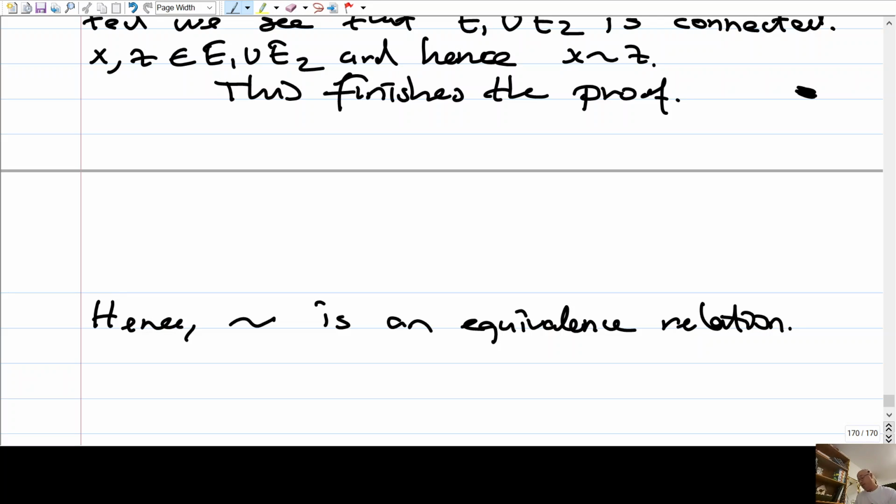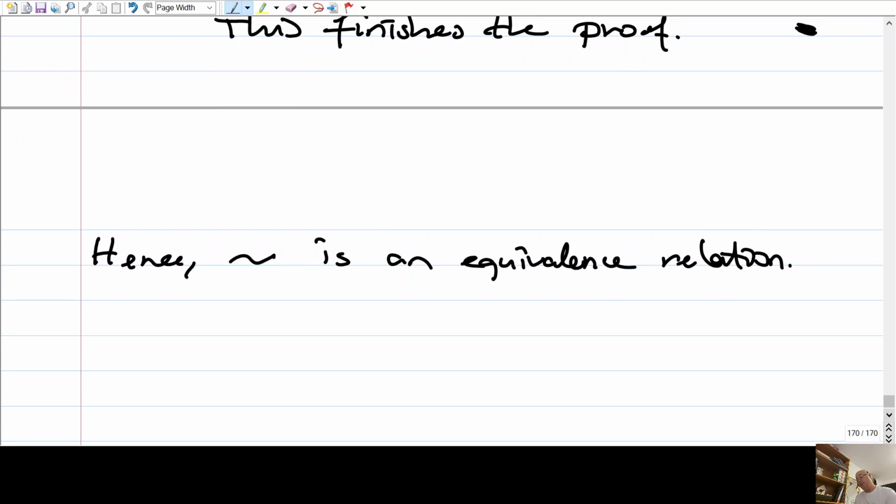All right. Well, we know what? If you have an equivalence relation on a set X, then X can be written as the disjoint union of equivalence classes.